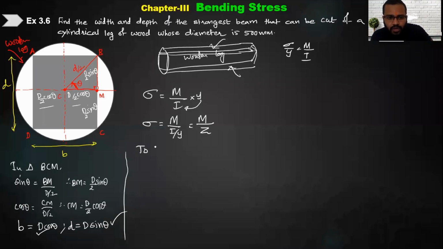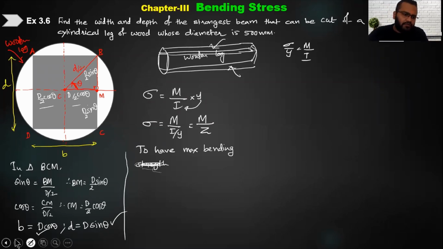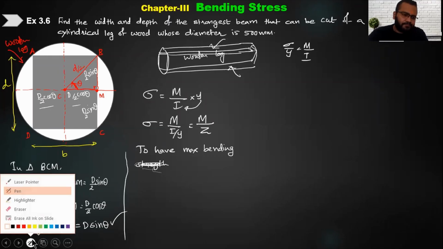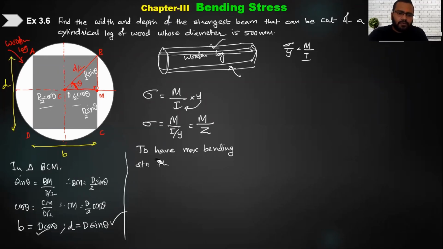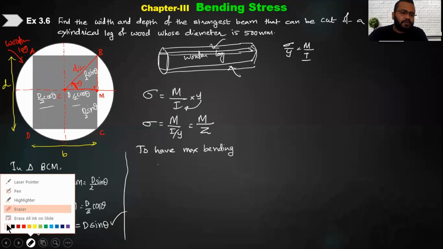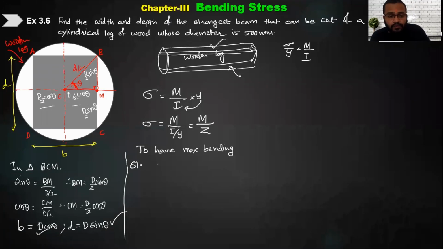To have the maximum bending strength, Z should be maximized.